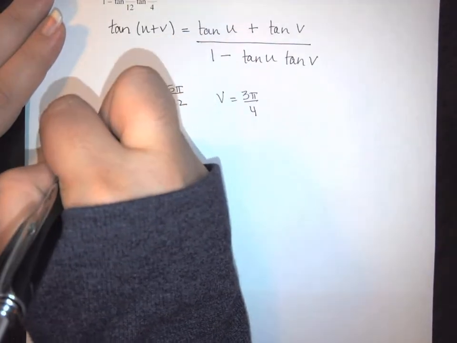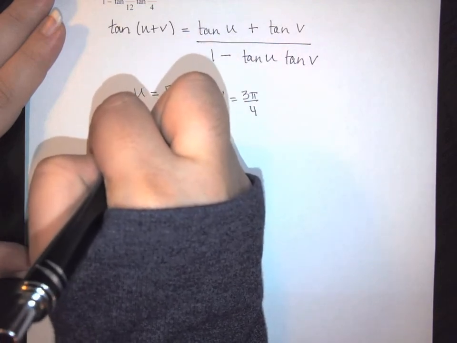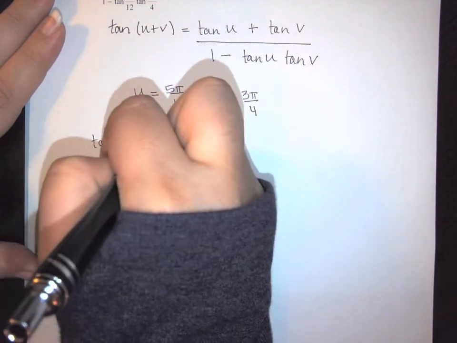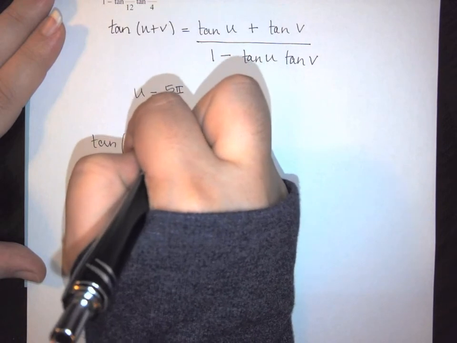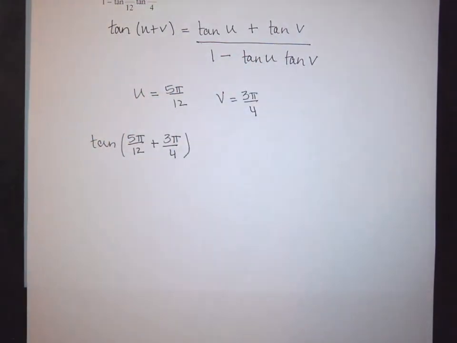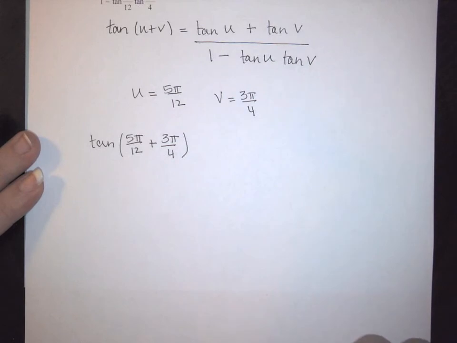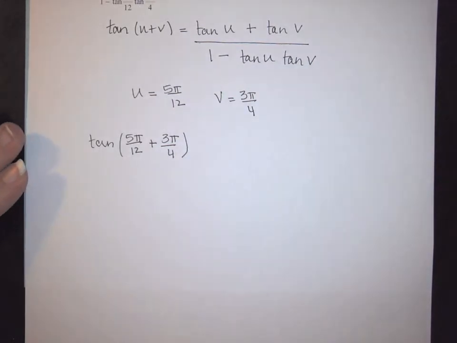So this is going to become the tangent of 5 pi over 12 plus 3 pi over 4. Now with this, we have to, just like we did before, add them together.